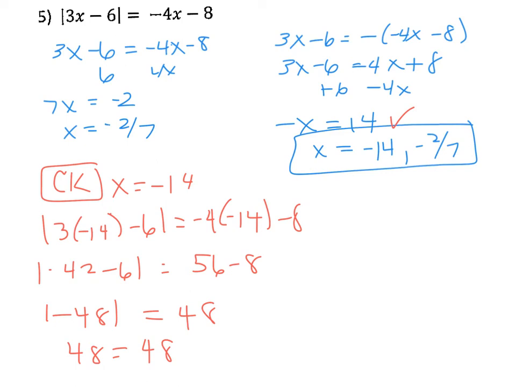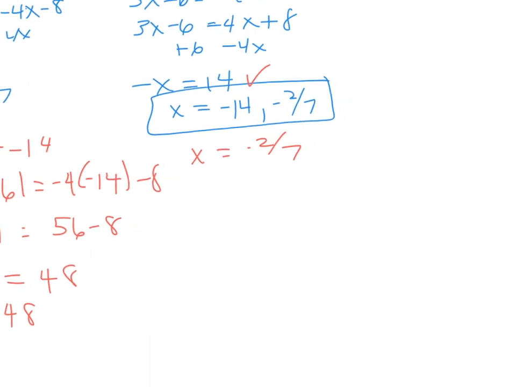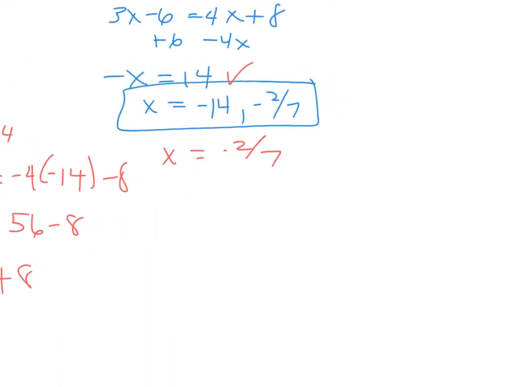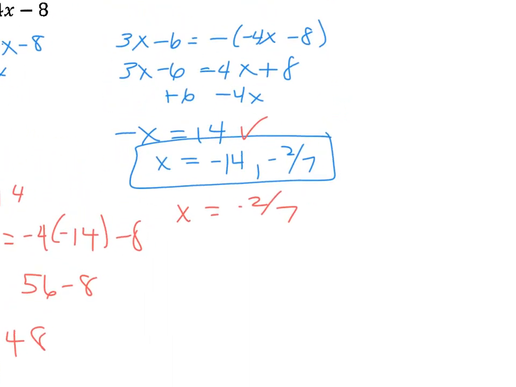Okay, so now we need to do one more, and our lesson will be done. So how about x equals -2/7? So if we go absolute value of 3 times -2/7 minus 6, does that equal -4 times -2/7 minus 8?